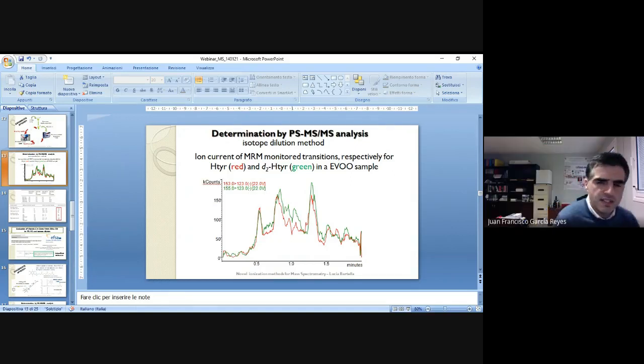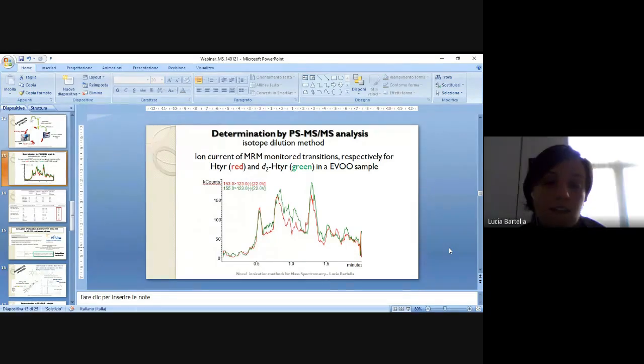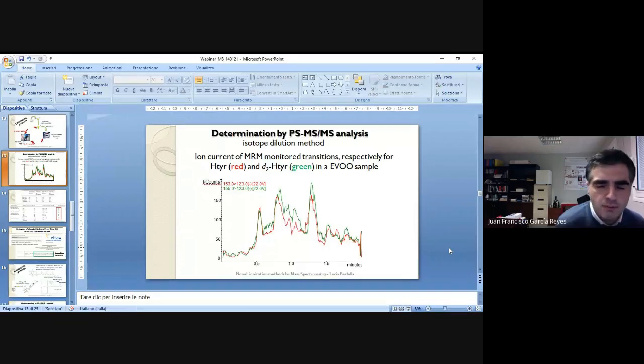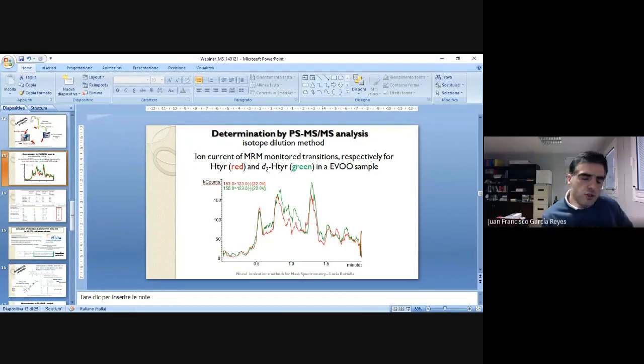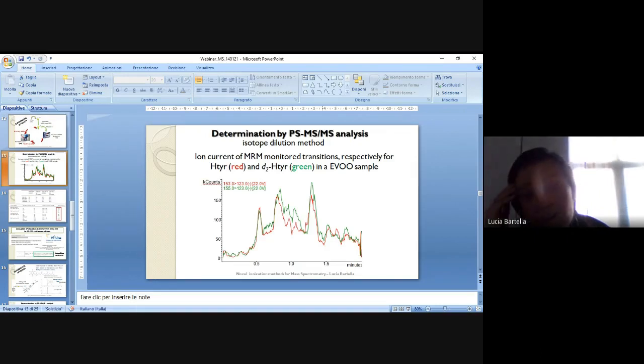This is common because the paper spray signal is not short, so it depends on the conditions. It can vary from a few seconds to over 1 minute, or 2 minutes. Depending on the volume you spot on the paper, it can be longer. It depends on many aspects. We spotted 15 microliters of solution.